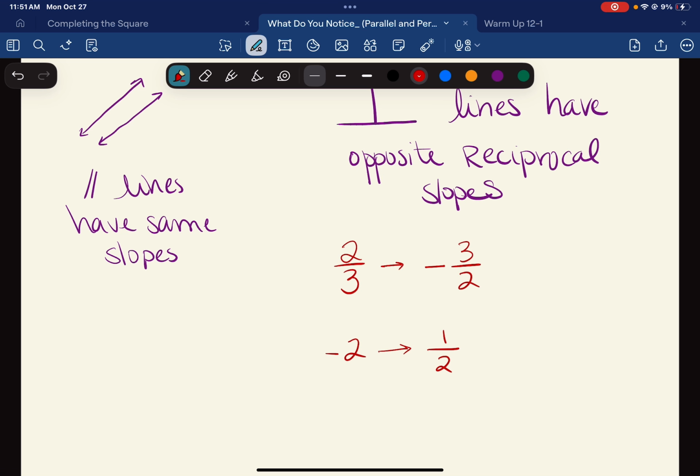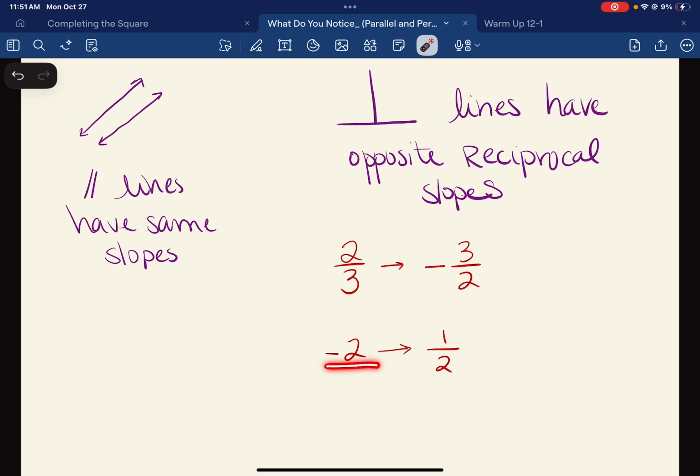And you might think, well, how did she get 1/2? Don't forget that any whole number can be placed over a number 1. So -2 is the same thing as saying -2/1. So when you flip this fraction, it becomes 1/2. Positive 1/2 for the opposite reciprocal.